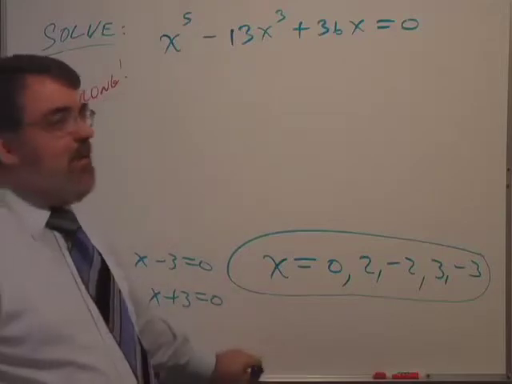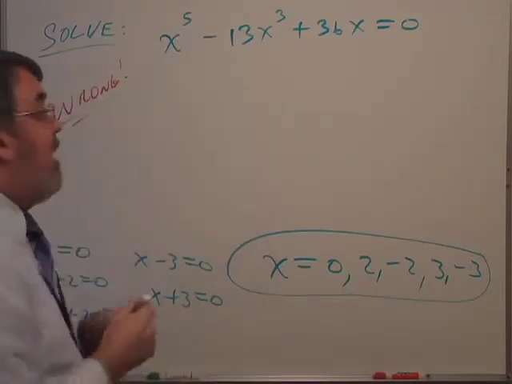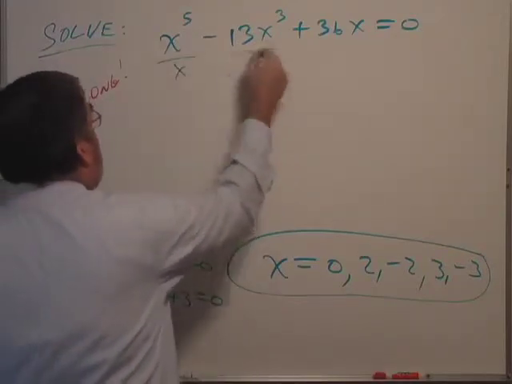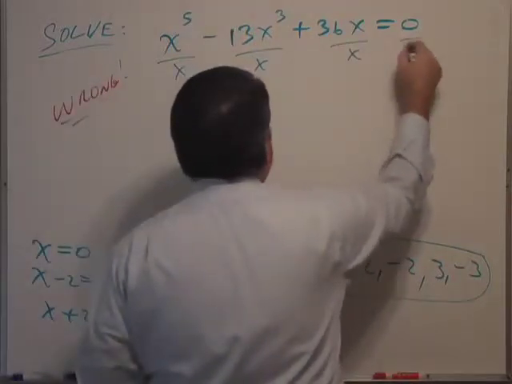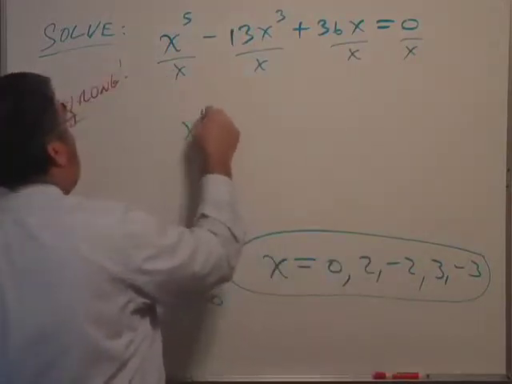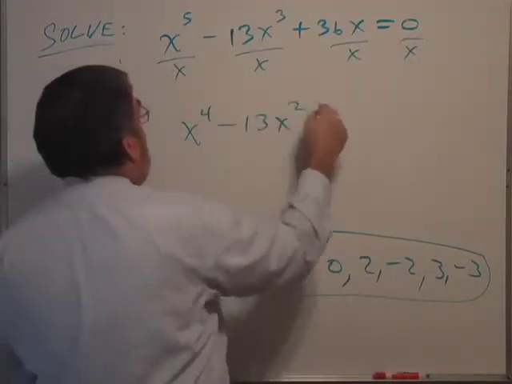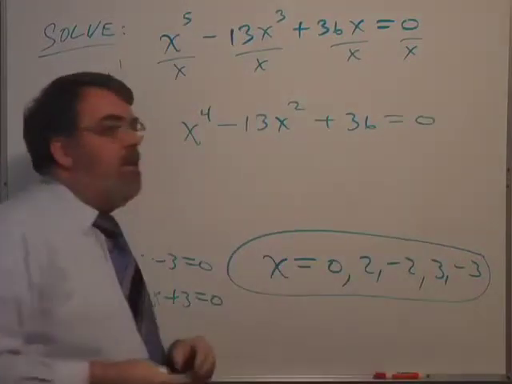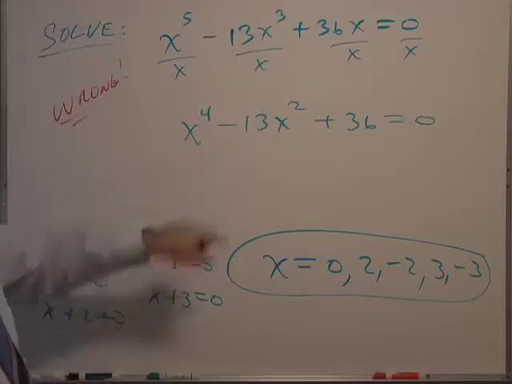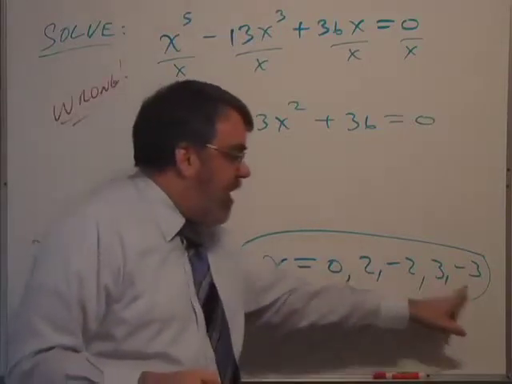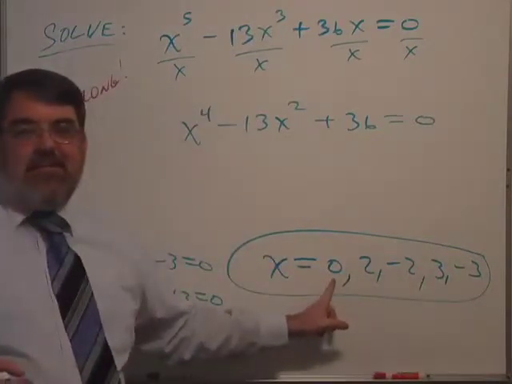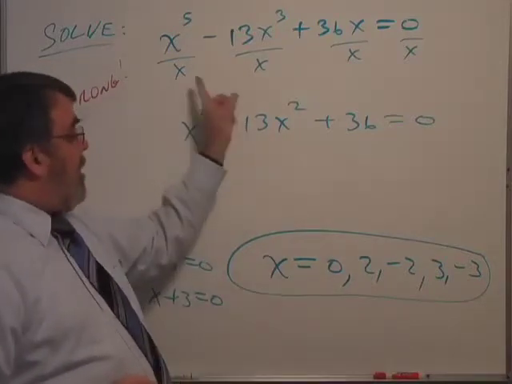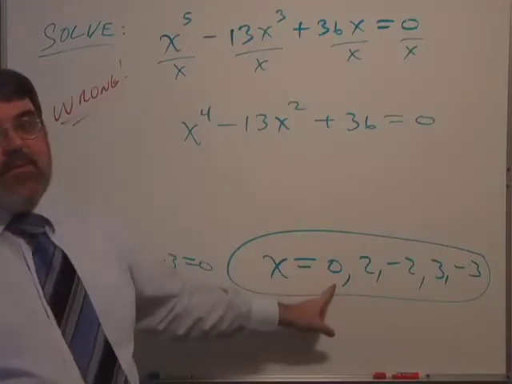Because it may look tempting to divide this equation by x. So if I divide every piece by x, then we'll get x to the fourth minus 13x squared plus 36 equals 0. And then when you go to solve this equation, you'll get 4 answers, but not this answer. In other words, when you divide by x, you lose one of the answers.